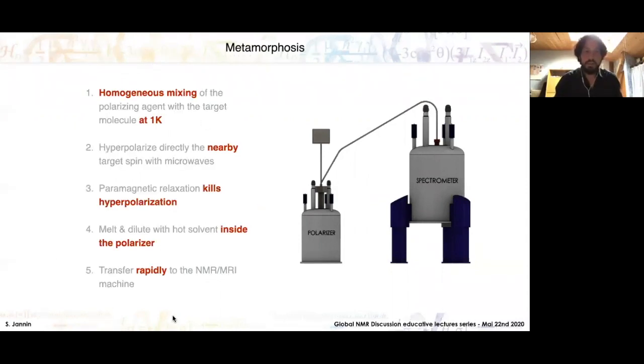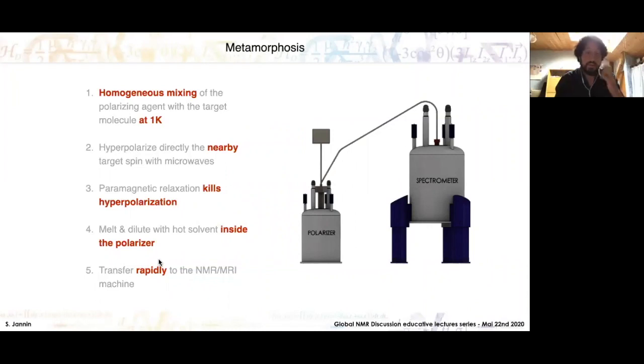So if we look closely at the DNP process, it sounds like every single step is a problem. You need to mix homogeneously, you need to go to low temperature, you need to have electrons nearby that kill your polarization, that force you to have a very difficult melting and dissolution process, and then you have to be fast.